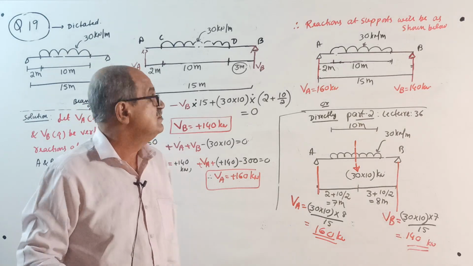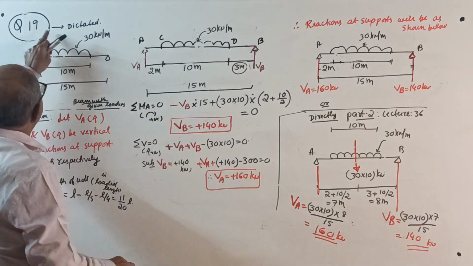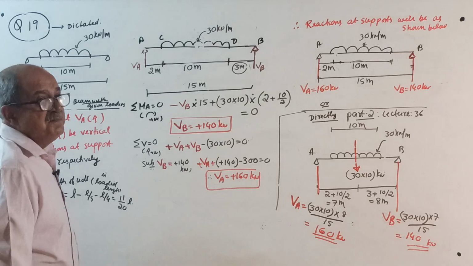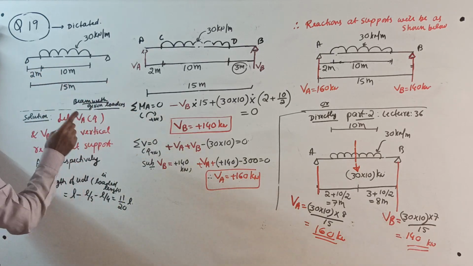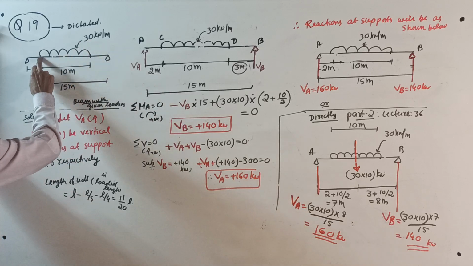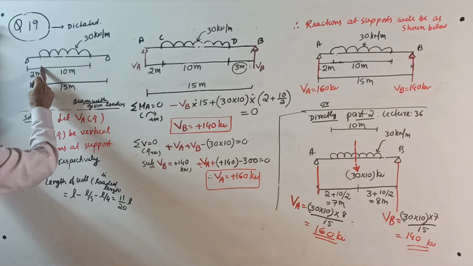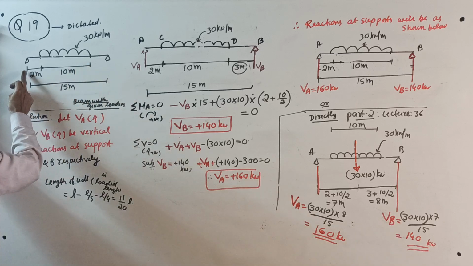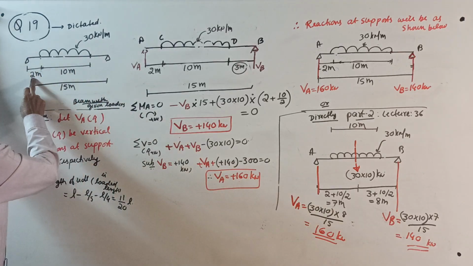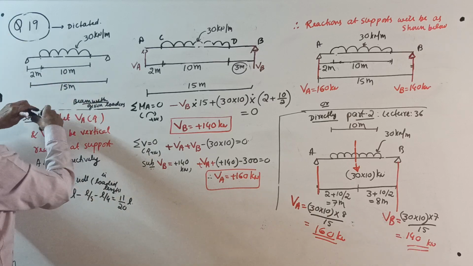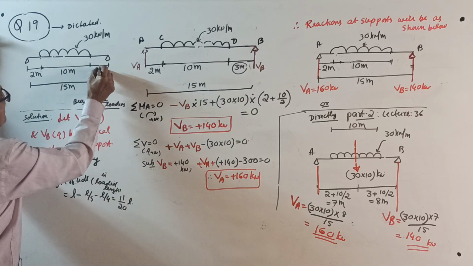I think it is manageable. Okay. Question 19, dictated. A simply supported beam of span 15 meter is loaded by a UDL of 30 kilonewton per meter for a length of 10 meter starting at 2 meter from left end. Now, if this is 2, this is 10, this will be 3 meter.